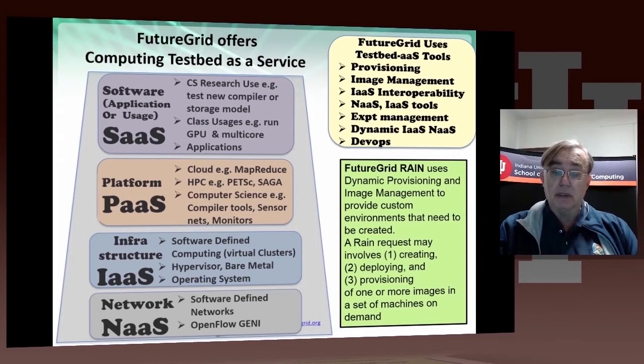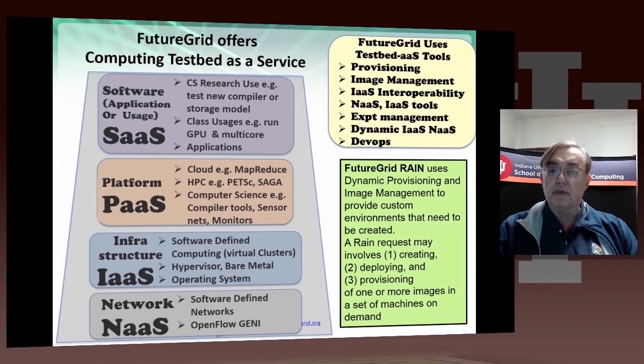You can also think of computer science tools such as those needed to support compilers or sensor nets as appearing at this level. And then finally, on top of that, of course, we have the actual software as a service, which is where the domain scientists will position what they're trying to use. And it just has all the applications.